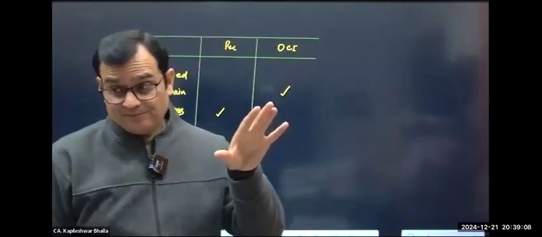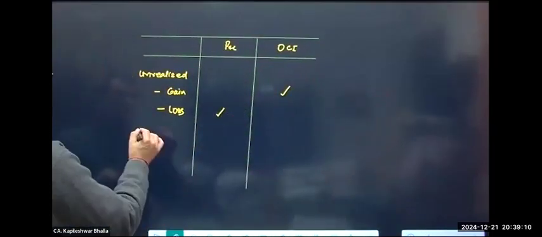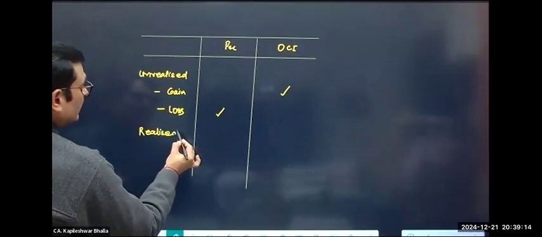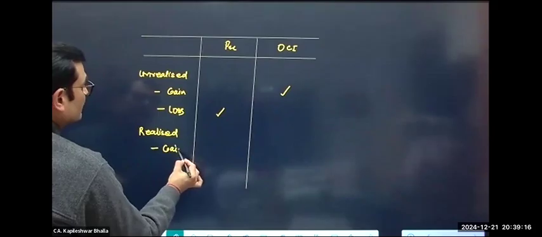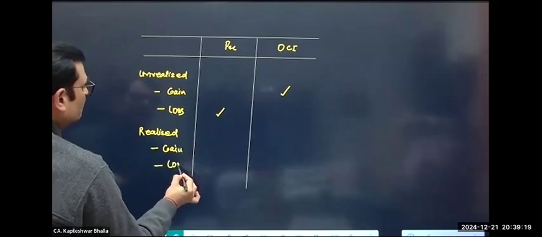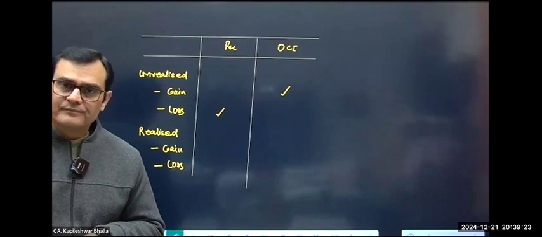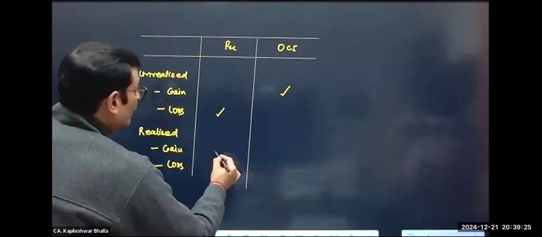Let's now consider that there is a realized gain or a realized loss. Do you think a realized gain should impact EPS? Yes, both should impact. And what about a realized loss? Yes.